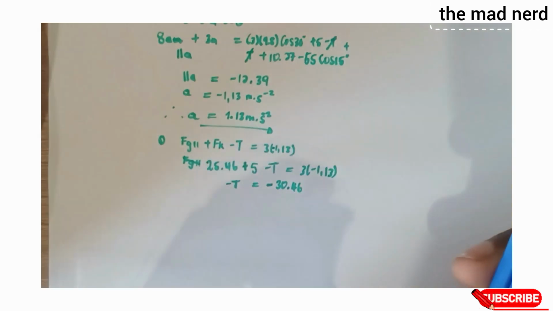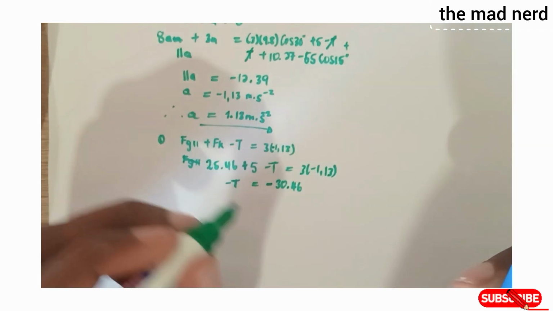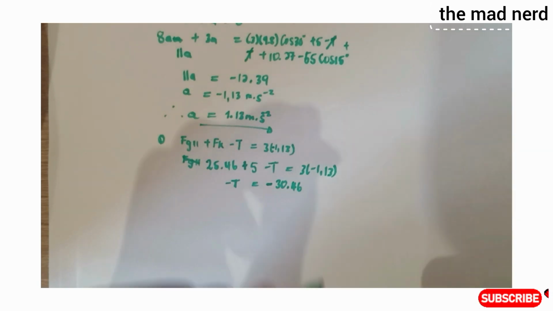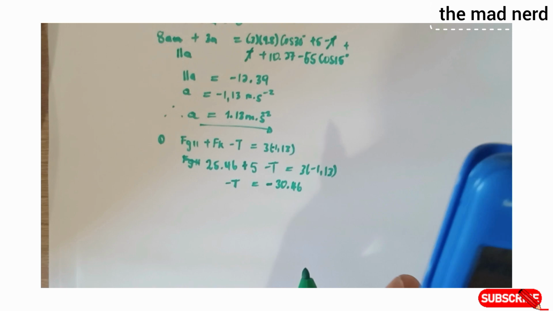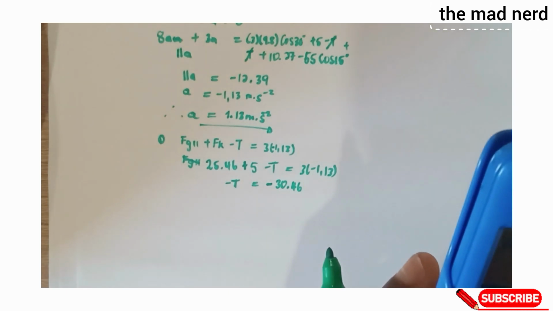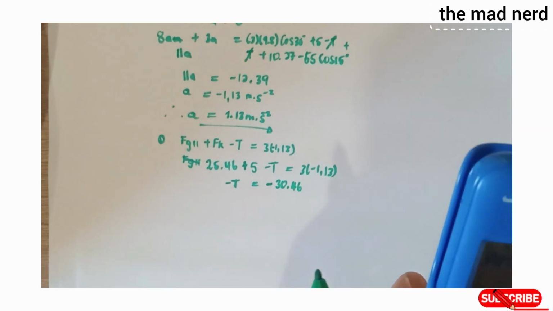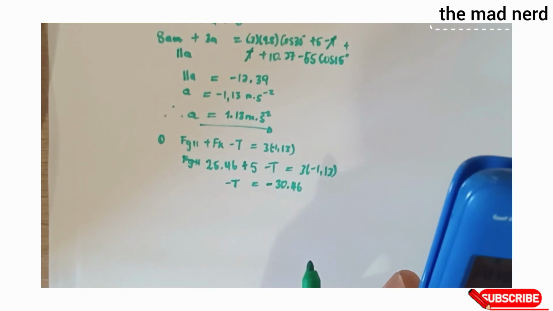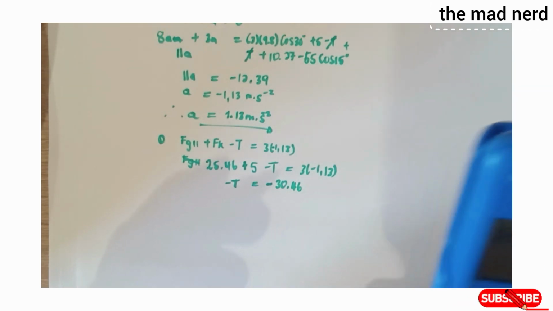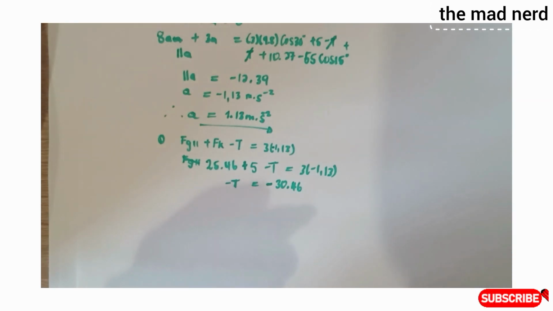I left this one here. And then we have negative 30.46 plus 3 into negative 1.13.